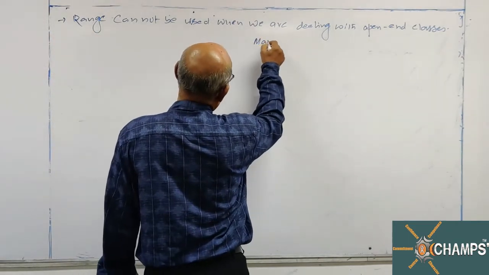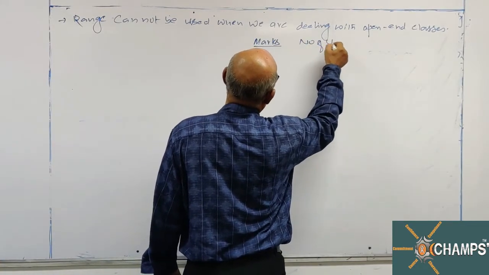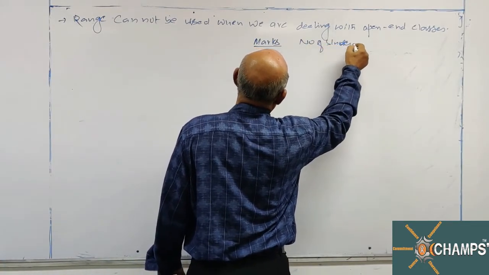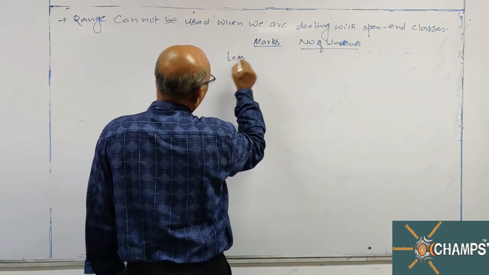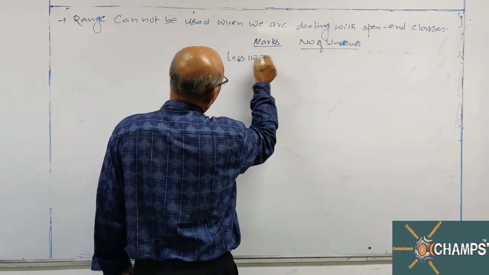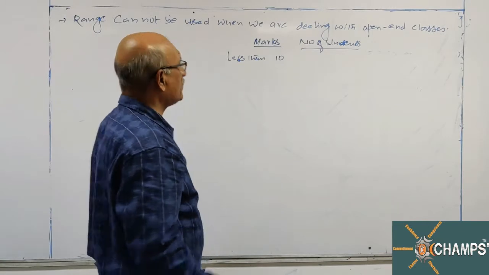Let me revise this point once again. Marks, number of students. Open-end classes means the lower limit of the smallest class and the upper limit of the highest class are not defined.